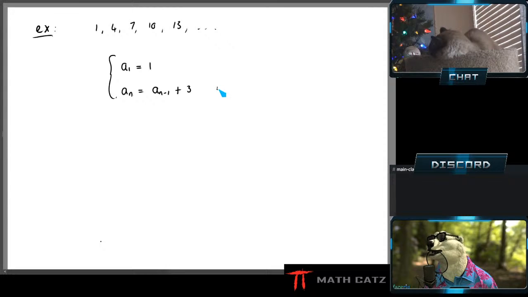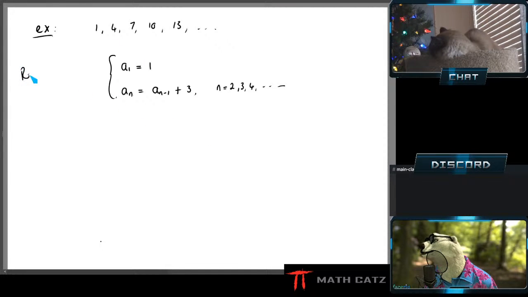And I would do that for finding the second position, the third position, the fourth position, and as far as I want to go. So this, in a sense, is a formula. Well, it is a formula. A set of instructions for how to make this sequence.